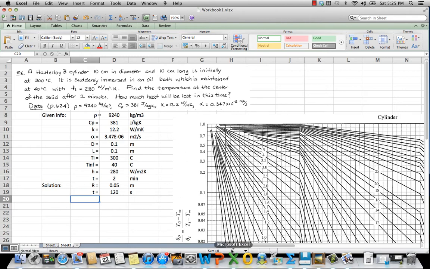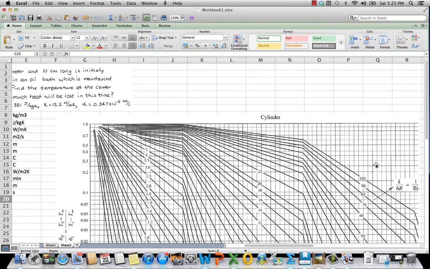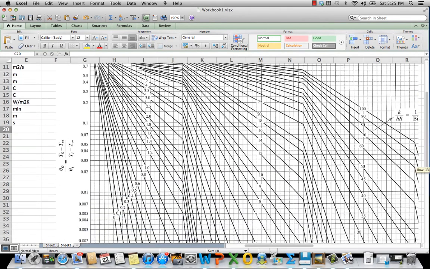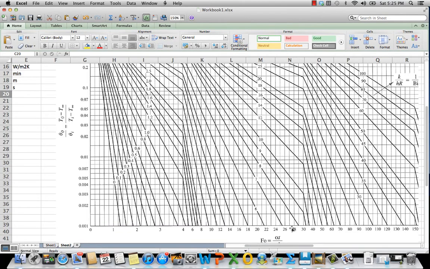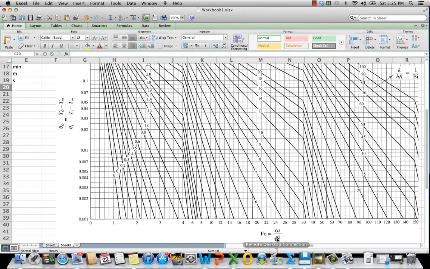Now in this case, we are again looking at chart 1 because I'm trying to figure out the temperature of the center, and temperature of the center is chart 1. So in this case I have time, which is basically the Fourier number, alpha t over L squared, or alpha t over R squared.